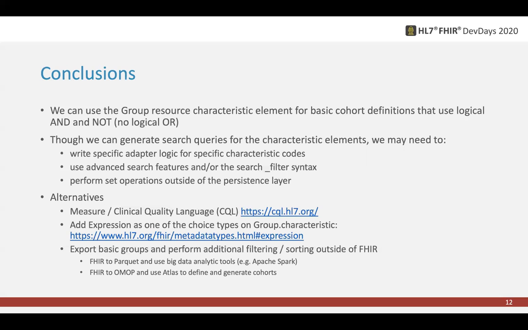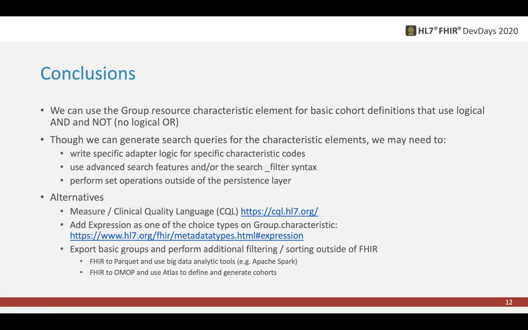So some alternatives to consider, looking at the Measure resource and Clinical Quality Language. We could add an expression as one of the choice types for group characteristic. That would kind of open things up. We could export basic groups and perform additional filtering outside of FHIR.